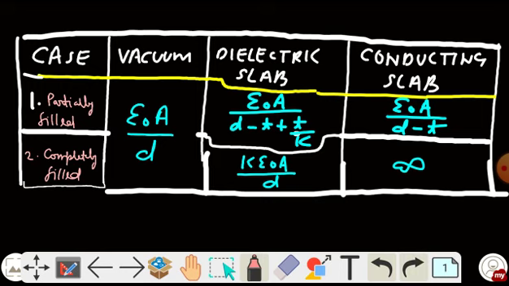When there is a conducting slab which partially fills the gap, the capacitance of the parallel plate capacitor is given by epsilon naught A upon D minus P. When the dielectric slab completely fills the gap, the capacitance is K epsilon naught A by D, and for the conducting slab it's infinite. Clear? These are all the cases summarized in a single table. These are the important formulas which you must remember for the numericals.